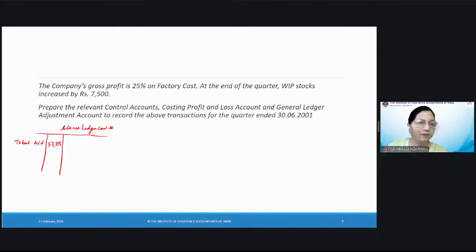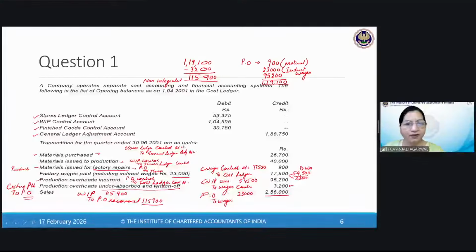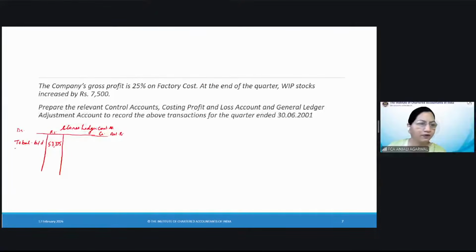I'm preparing it in T form, writing all the figures, do it properly in exam. Credit amount in rupees. So you already had 53,375 worth of material. Then you purchased 26,700 worth of raw material again. So this was to cost ledger control account.